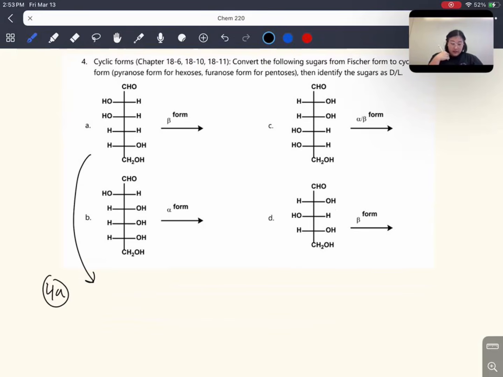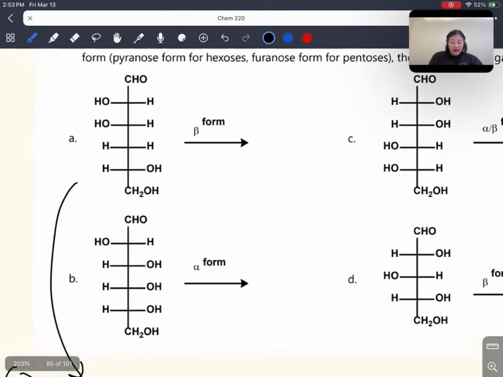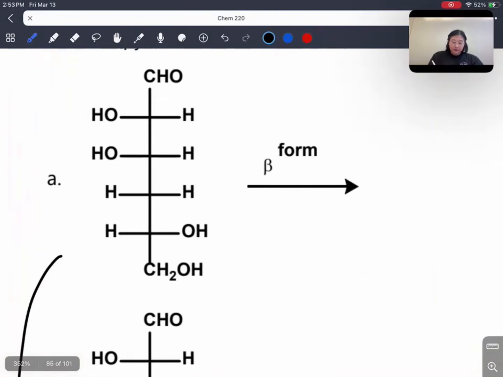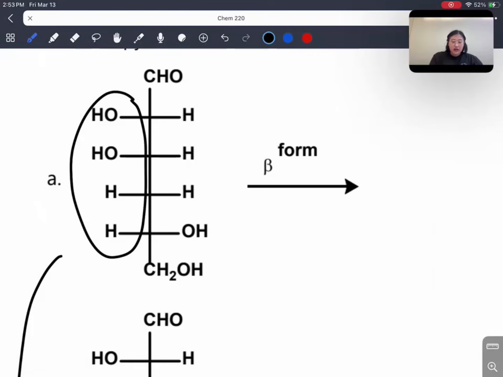Okay, so the thing to know about the Fischer form is that any of your bonds that are on the side of the molecule, so like these bonds over here, those will be wedges. And then any of the vertical bonds here will be dashes.